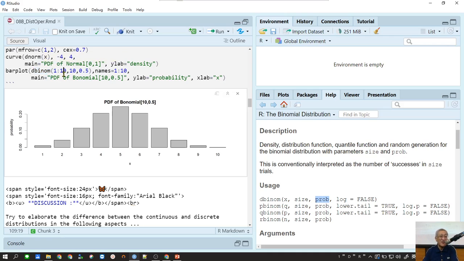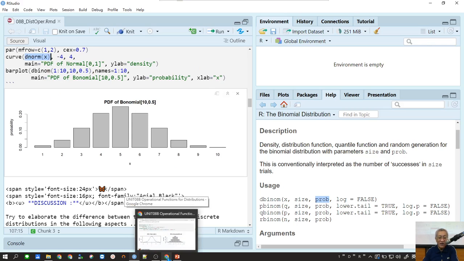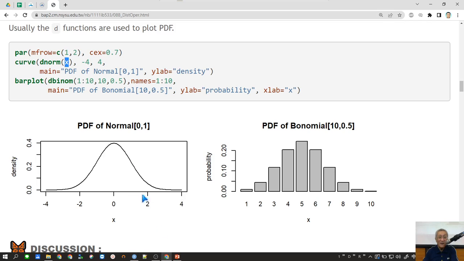So here, in addition to getting the value, I actually make a plot for you. In this code chunk I draw them side by side, so you can compare the different ways the d function is used for continuous and discrete distributions.